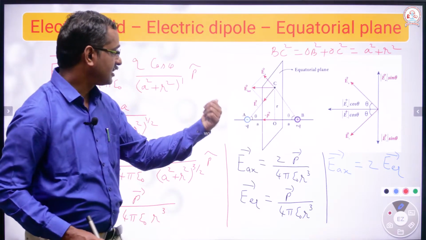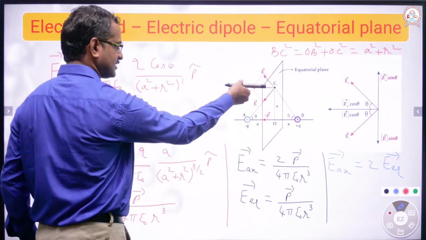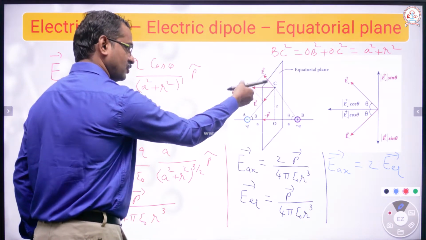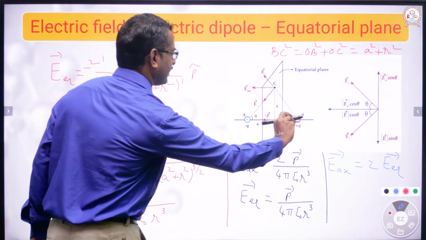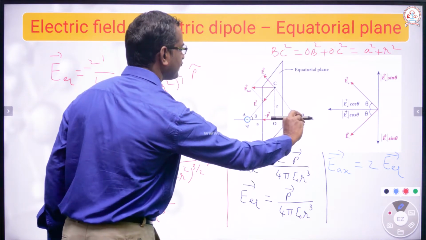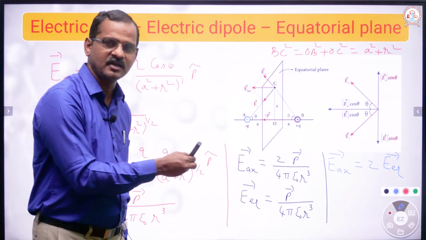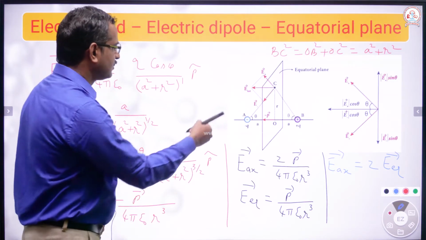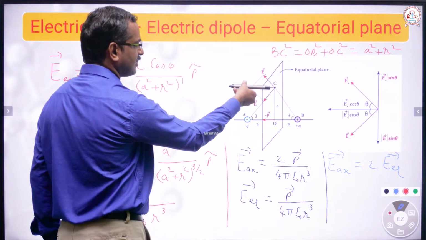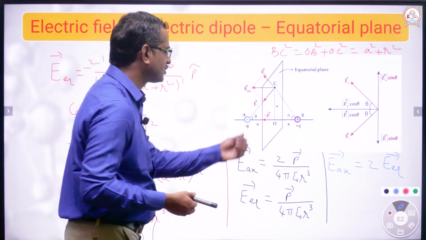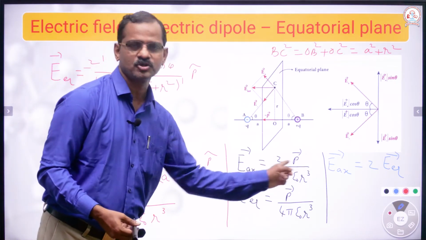In case of the electric field along the equatorial line, the resultant electric field is acting along the negative x-axis, which is opposite to the direction of the electric dipole moment. Okay, the difference we should know.